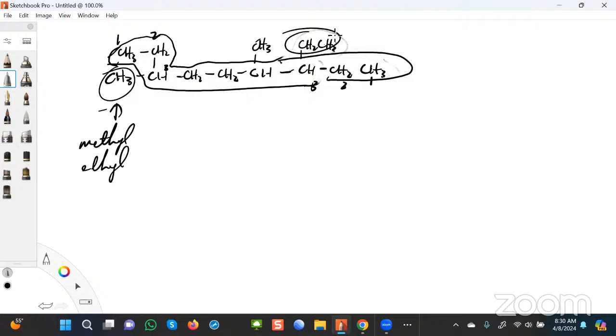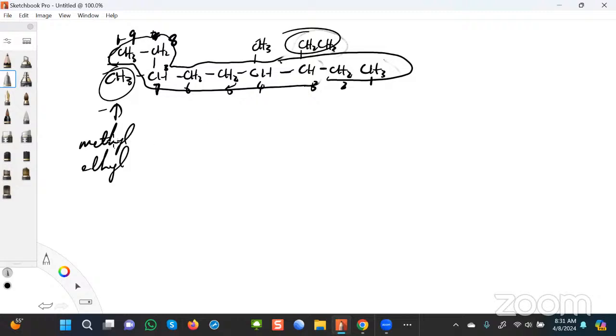In this case, the ethyl group, alphabetically first, gets the lowest locator. So that's 3, 4, 5, 6, 7, 8, 9. That's the numbering system we're going to use, starting from this end, ending up at this end right here.